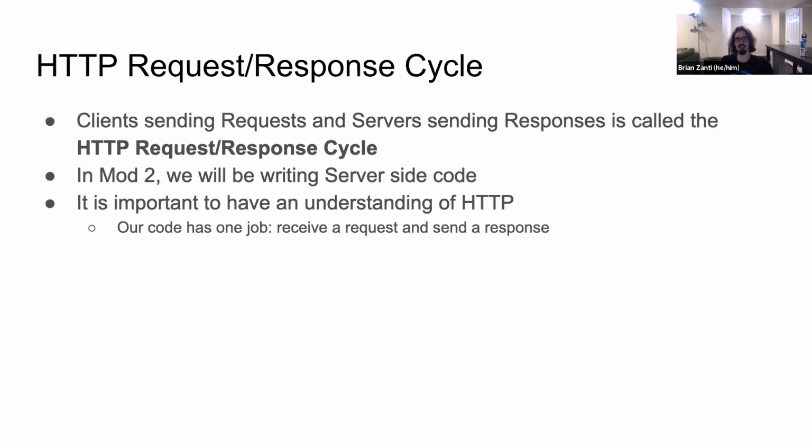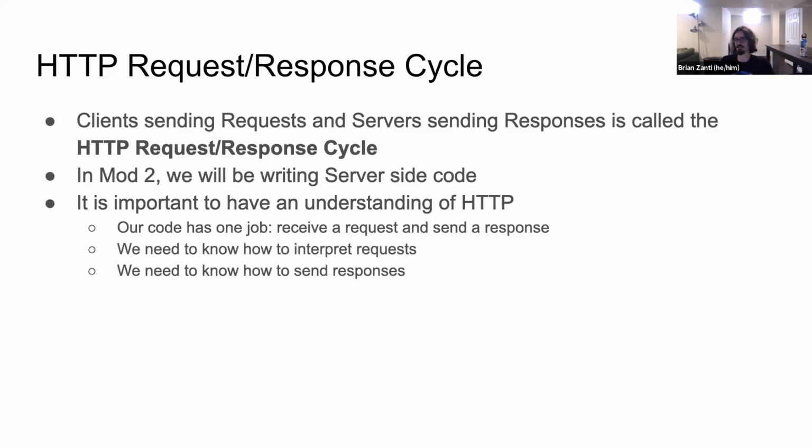Now, there's a lot of different things you can do with receiving a request and sending a response. But with that being said, it's very important for us to have this underlying understanding of what's going on with HTTP, because that's what our code is doing under the hood. We're going to need to know how to interpret these requests and send appropriate responses. A lot of this is abstracted away for us, so it is entirely possible that you could create a Rails app knowing very little about HTTP requests and responses.